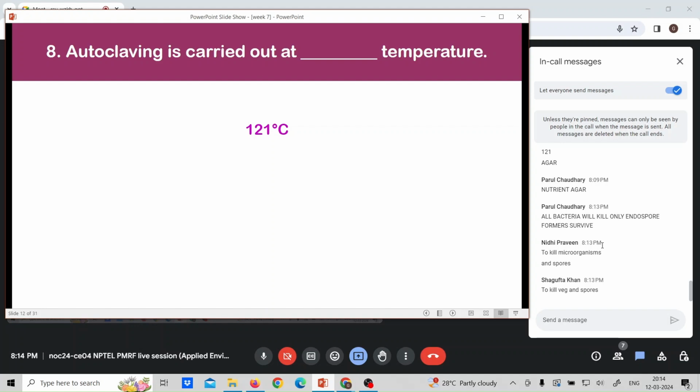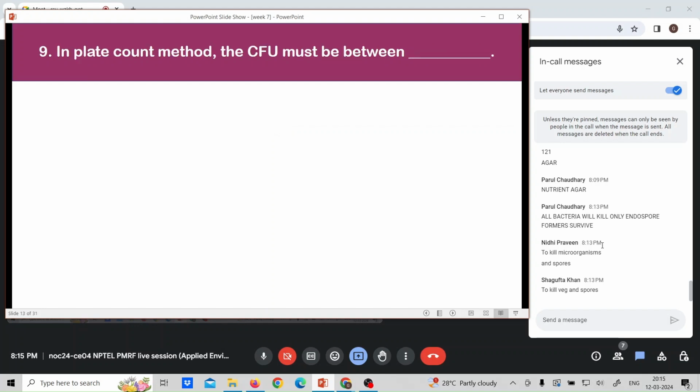You allow it to cool down and release the pressure, and then you open it, take this medium to your lab and pour it in a plate, and it will solidify, and then you will plate on it. This step is very important. So autoclaving is very important. It's clear now, so we'll see the next question.